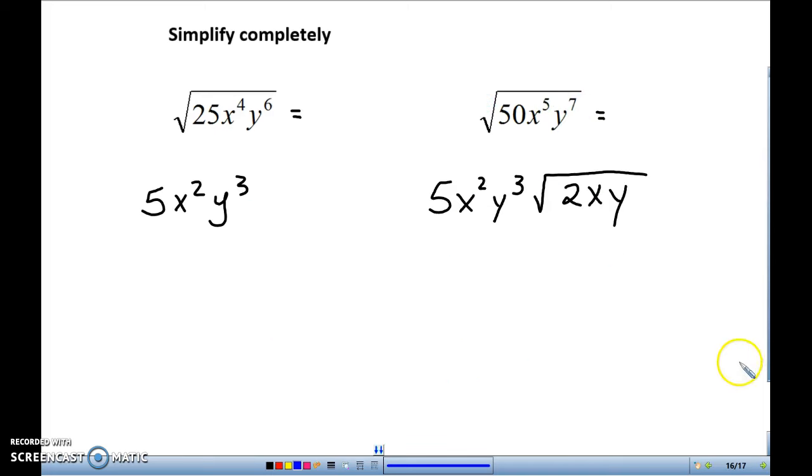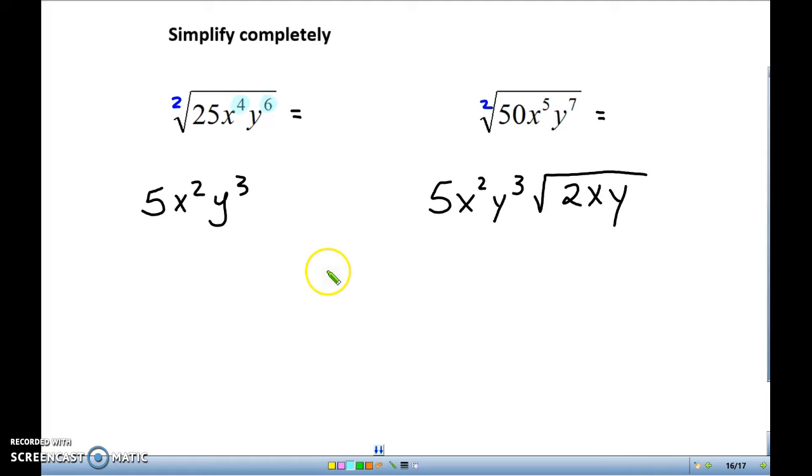So I'm just looking at the two answers and comparing. I'm really comparing the variable parts. And remember, my index here is 2. Take a look at how those answers are different. I notice over here my exponents are even.